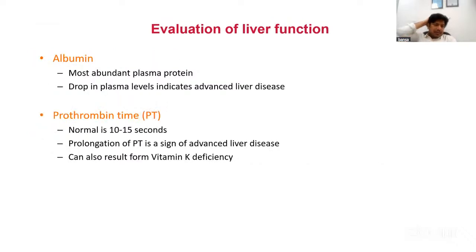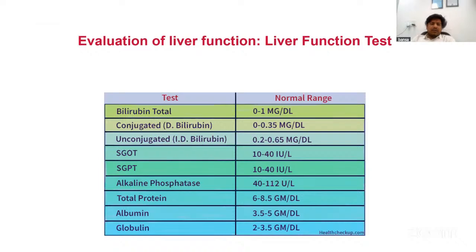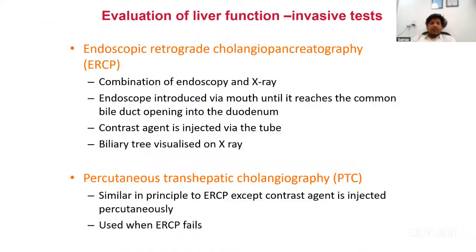Albumin is a chronic liver disease marker. Generally it decreases in chronic liver disease. PT INR is also a chronic liver disease marker. These are some normal ranges of LFT. Invasive tests in the form of ERCP are generally done for extrahepatic biliary obstruction, and percutaneous transhepatic cholangiography is generally not used.